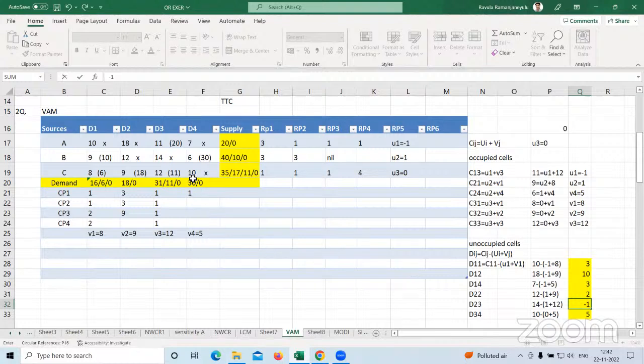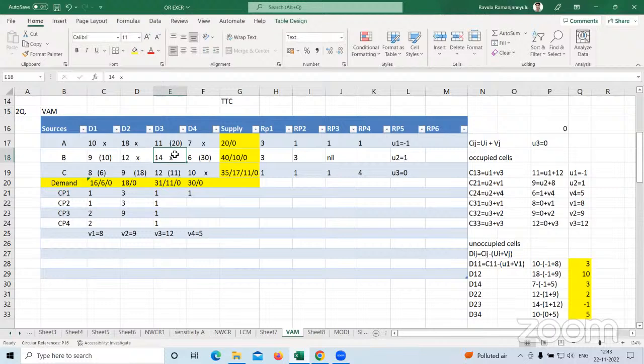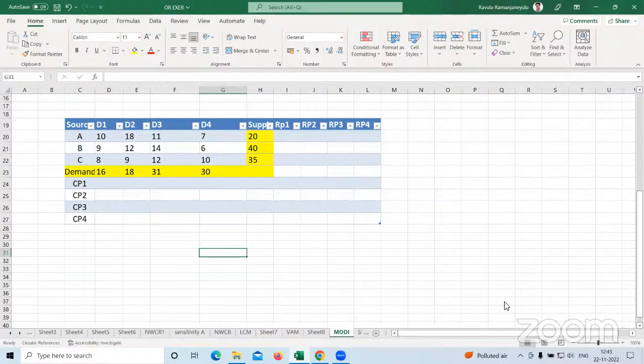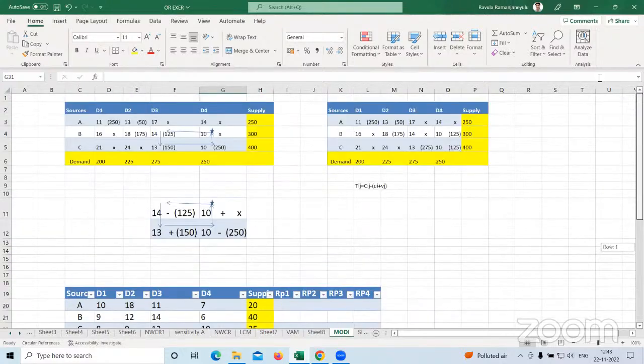Then it is to be assumed that to this cell we need to prepare a loop. From here you need to go and find a cell which is occupied, then another unoccupied, then occupied. You need to make a loop like here. One example, here is the loop. Here we got a negative value.